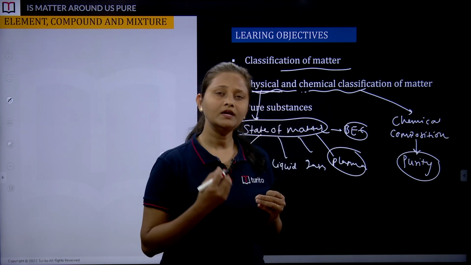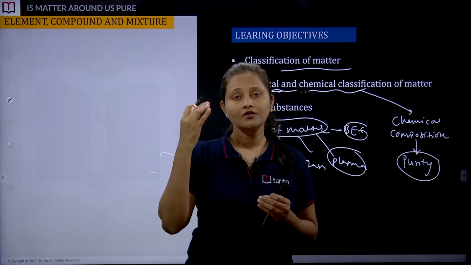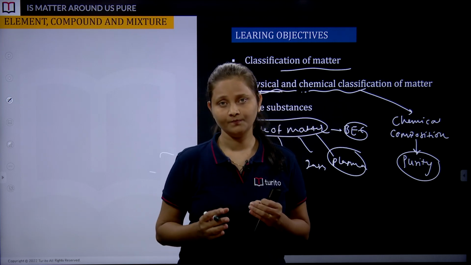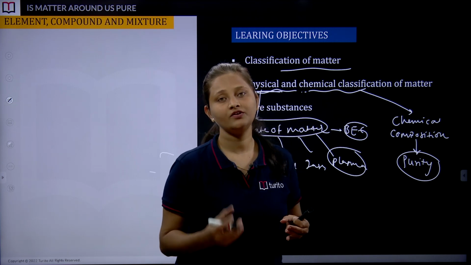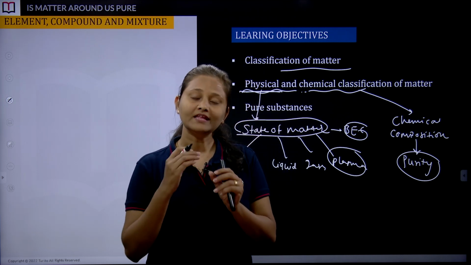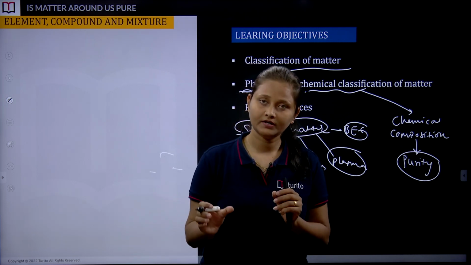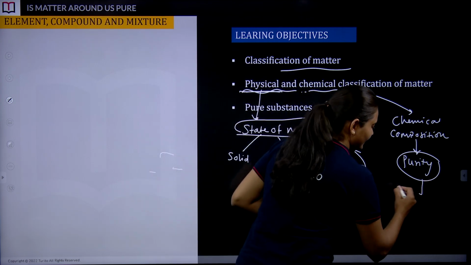But when we see the definition of purity from a scientist's point of view or a chemist's point of view, he has a different definition for pure substances. Based on that scientific definition of purity, we have classified matter into two categories.